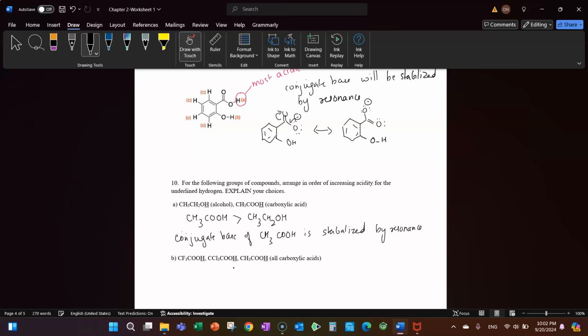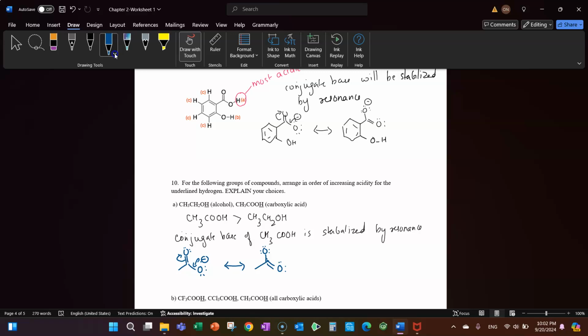In this question, to get full points, you should actually draw out the resonance structure like this. So we have the CH3COOH. After the proton is removed, you get the conjugate base like this. You can show the movement of electrons by these curved arrows, and you get the single bond to this oxygen atom, double bond to this oxygen atom now, which is a case of stability.